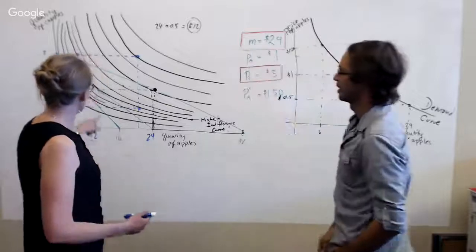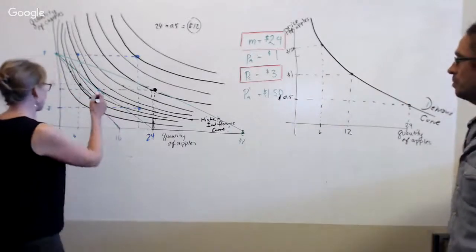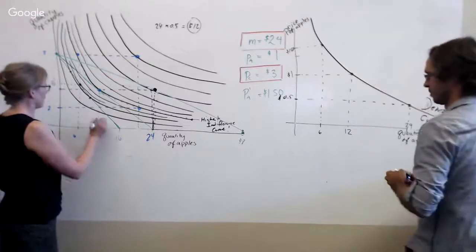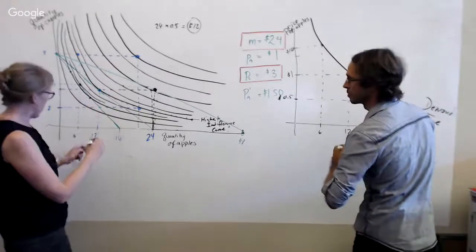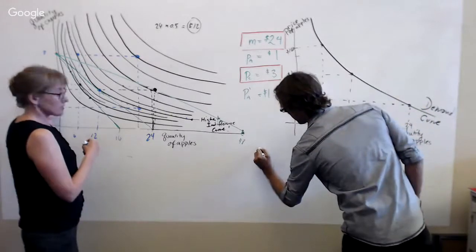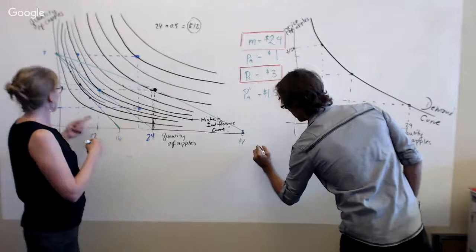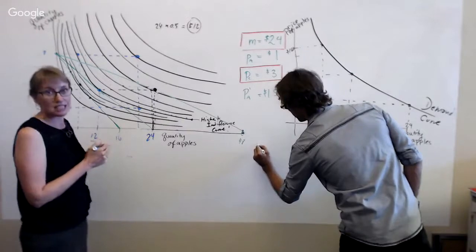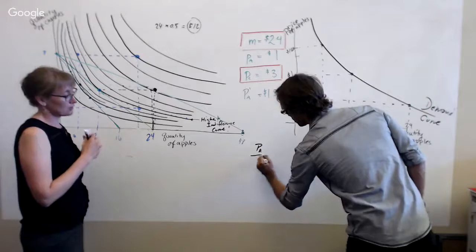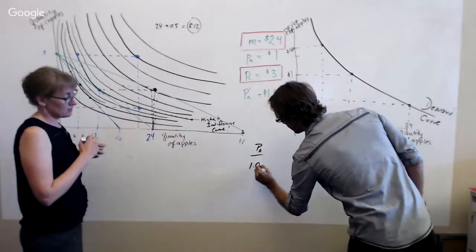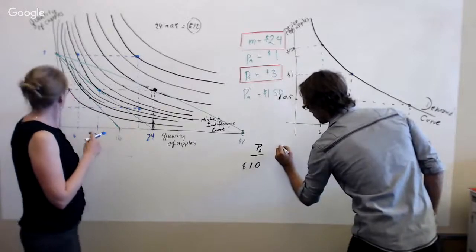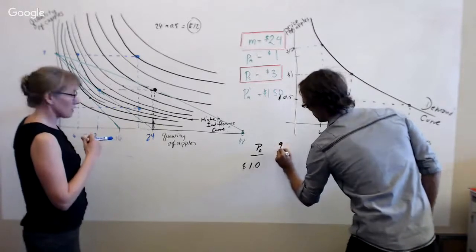Okay, yeah. So let's look at this point here. This was my optimal consumption bundle: 12 apples and 4 boxes of cherries, if the price of apples was $1. The consumption of cherries was 4.